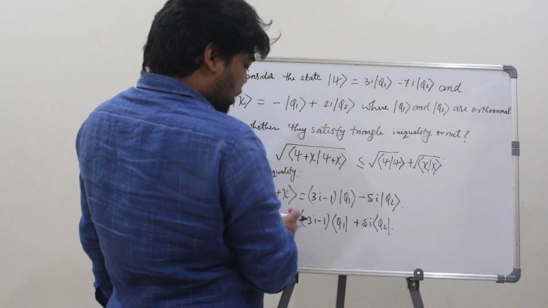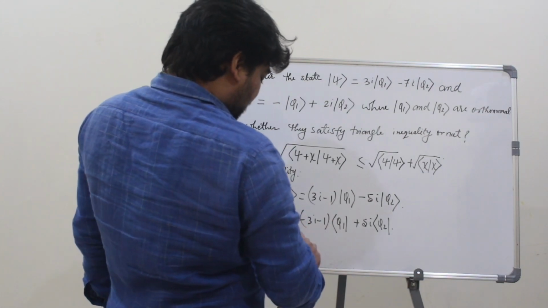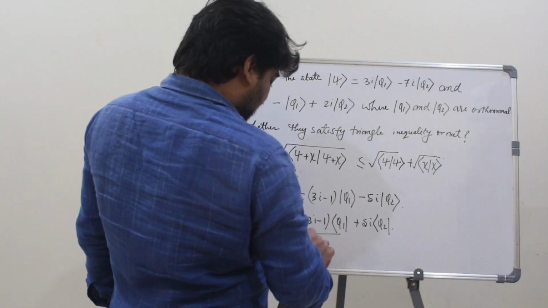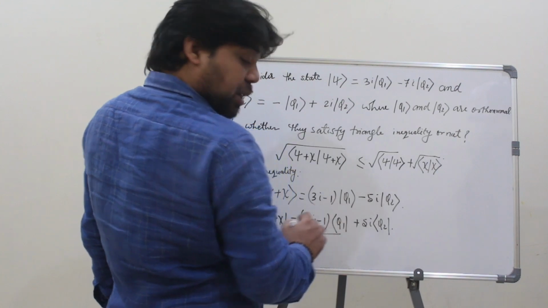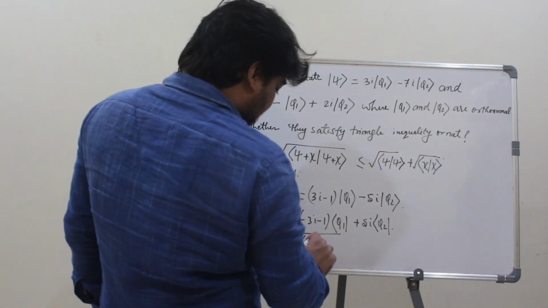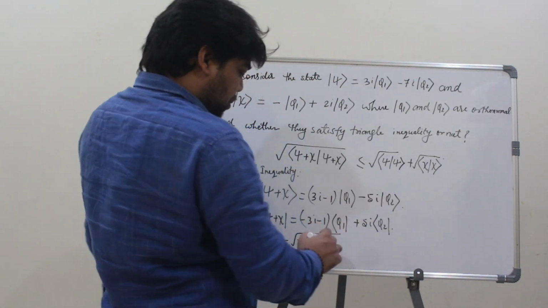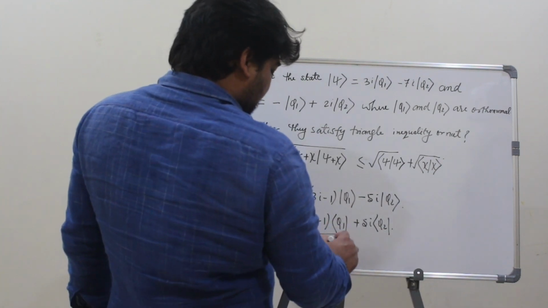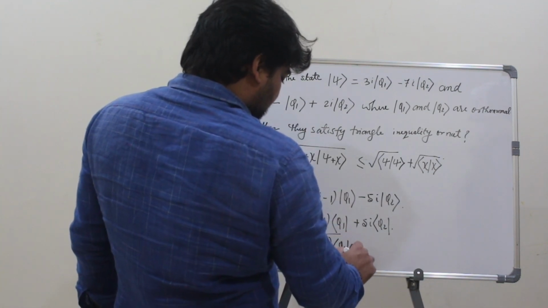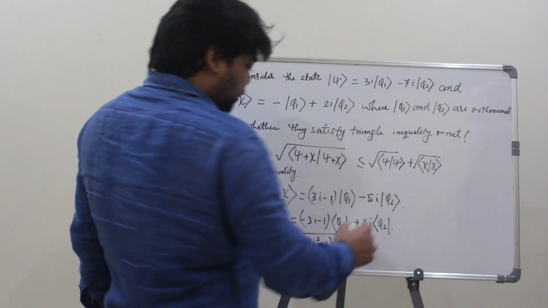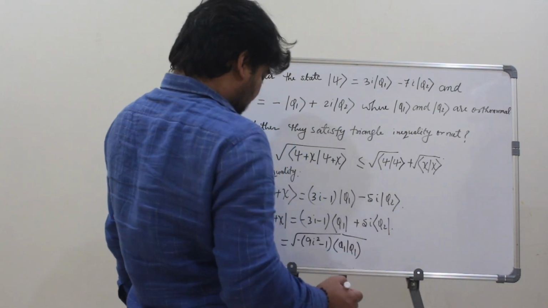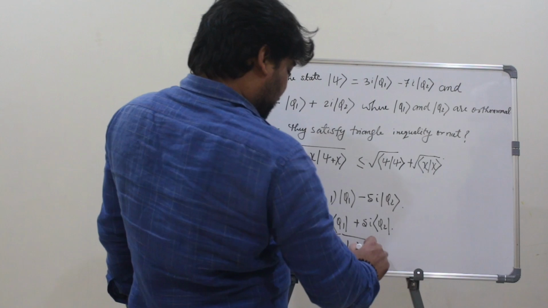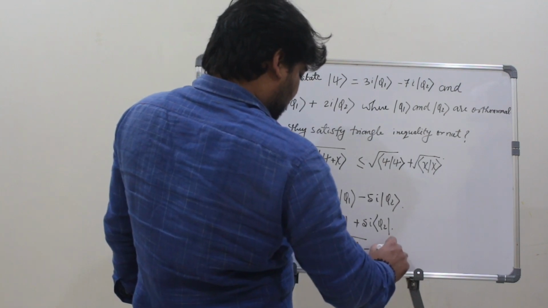Taking the minus as common, it will be minus of (3i minus 1)(3i plus 1), so 9i square minus 1, for phi1, and then 5i times 5i, giving minus of 25i square.